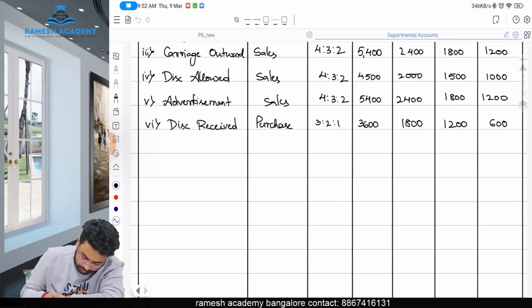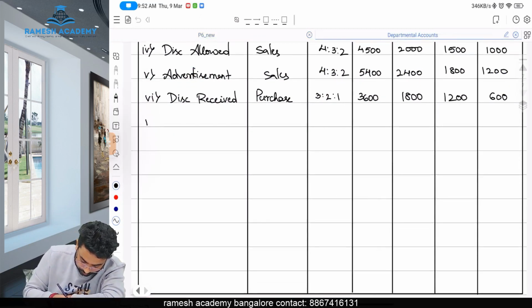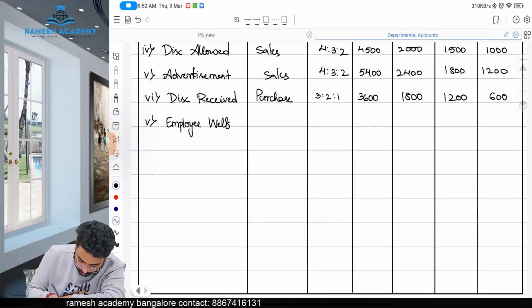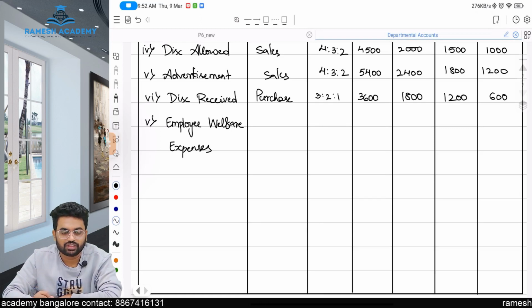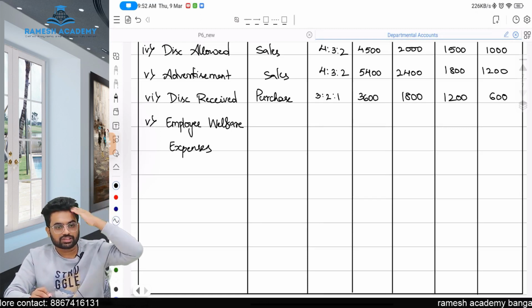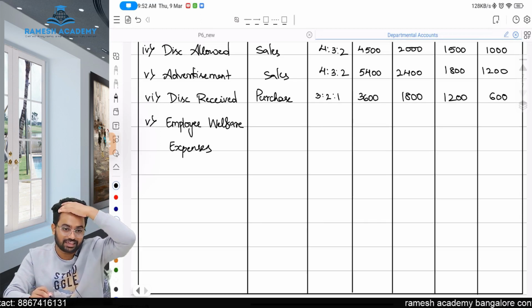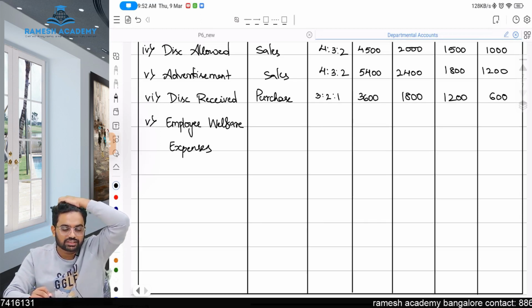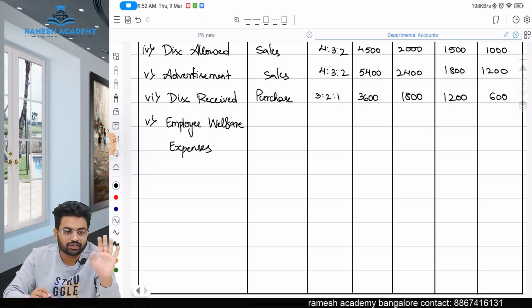Employee welfare expenses. Actually, it should be allocated on salaries. Employee welfare expense, if any, should be allocated on the salary, because the person who earns 1 lakh rupees and the person who earns 10,000 rupees will not get the same level of employee benefit.